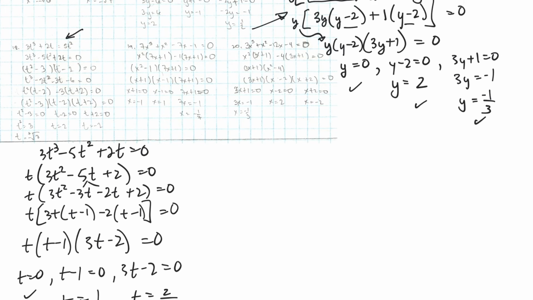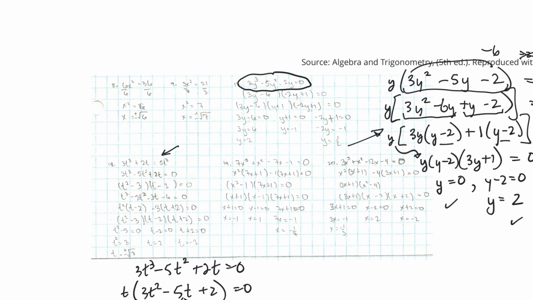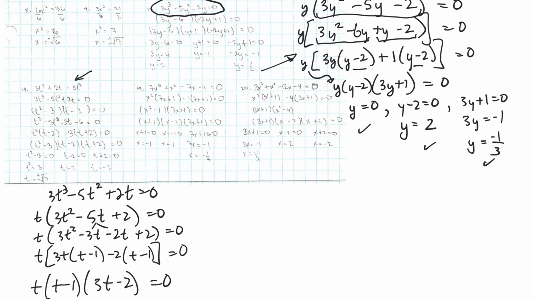Okay, let's see, number 19, you can just do group factoring right off the bat. So you took out an x squared, whoops, where'd everything go? Oh, I see. So you took out an x squared and a minus 1, and you got this, and you factored that, perfect.